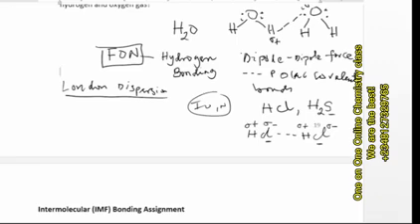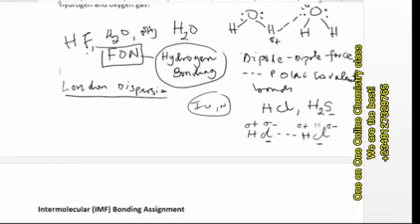In the case of water or HF, this is hydrogen bonding because of the presence of fluorine. H2O is also hydrogen bonding, and NH3 will be hydrogen bonding. They all form dipoles, but because of the highly electronegative atom, they are specifically classified under hydrogen bonding. Any other one that forms a dipole, where fluorine, oxygen, and nitrogen are not involved, we classify under the dipole force.